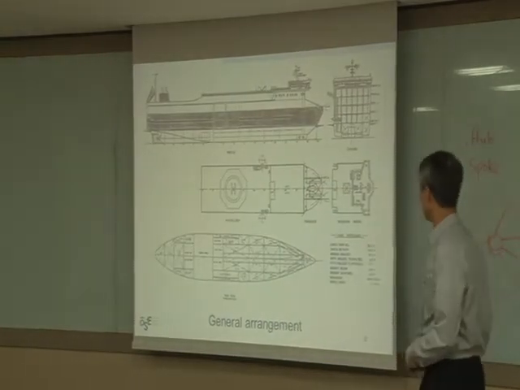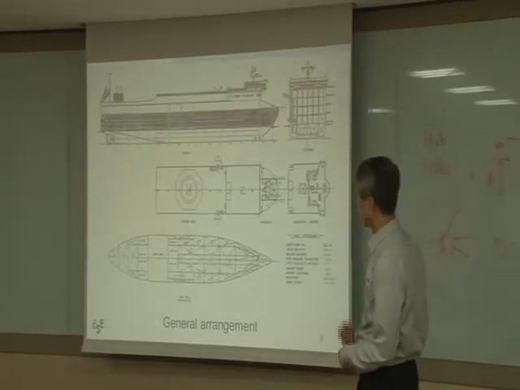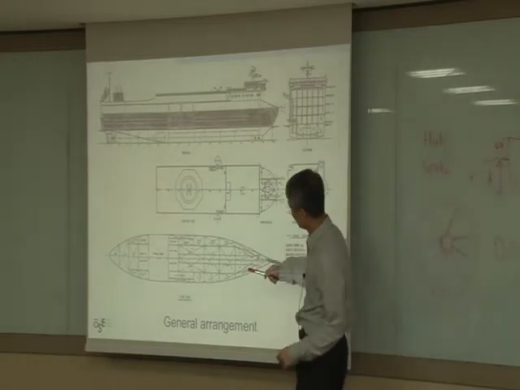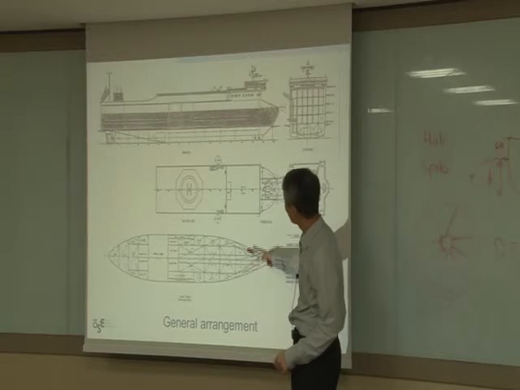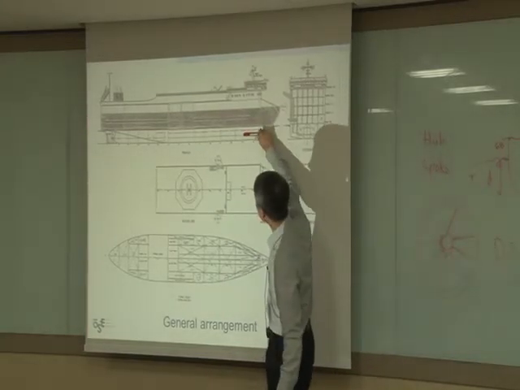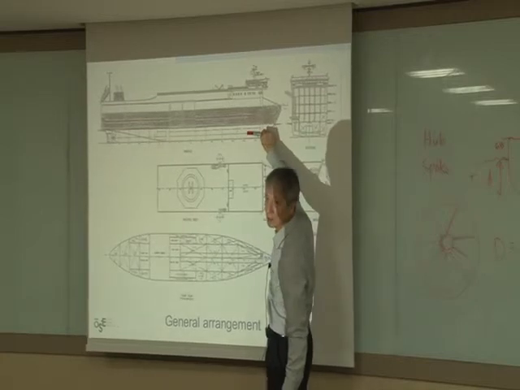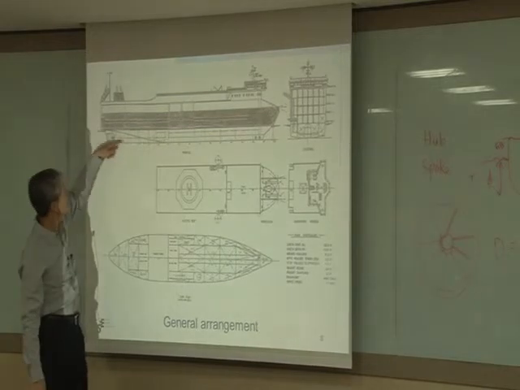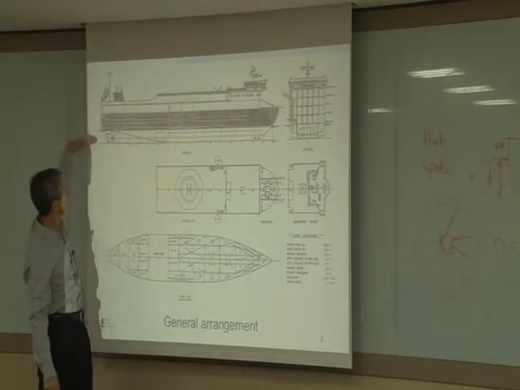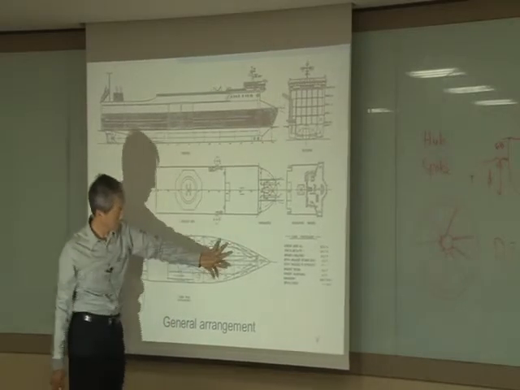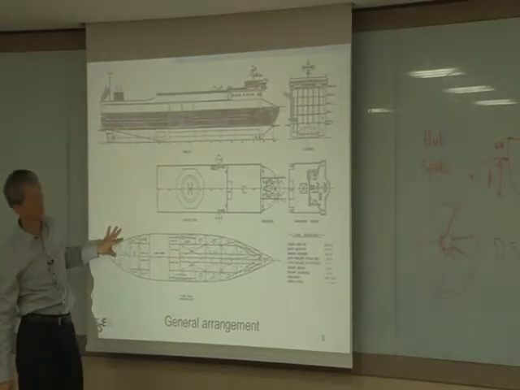Oh, there's a general arrangement of this, the same ship. So heliport. The bottom tank plan. Tank plan means this elevation, the tank top elevation. In this, if you cut this line, the second line, you can get this drawing here.